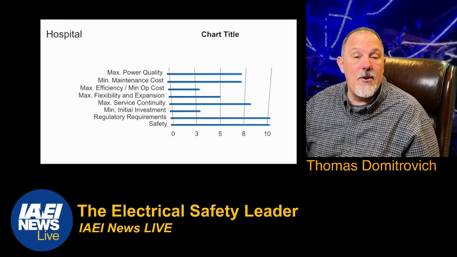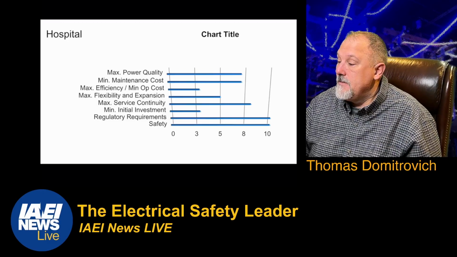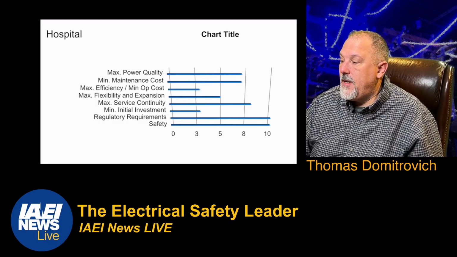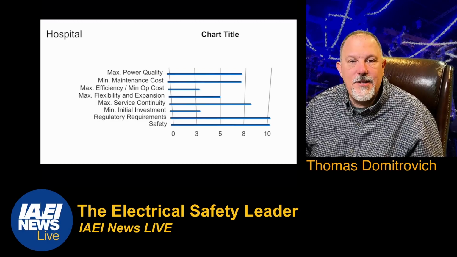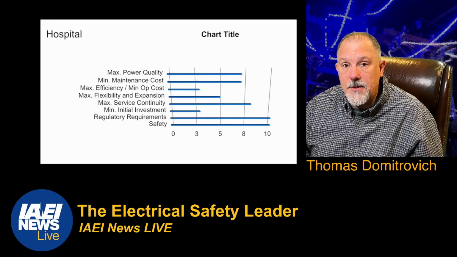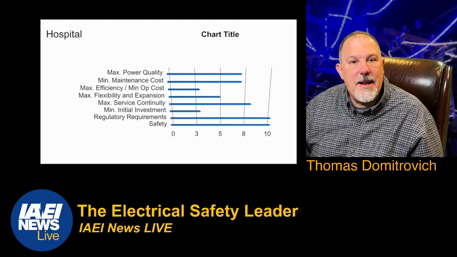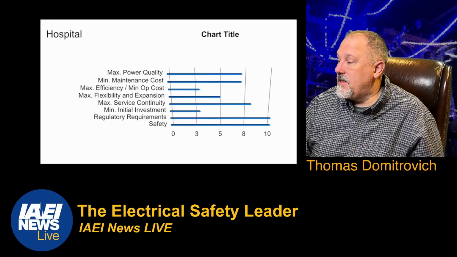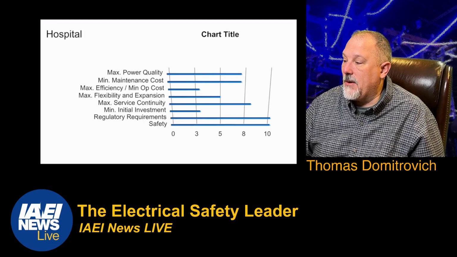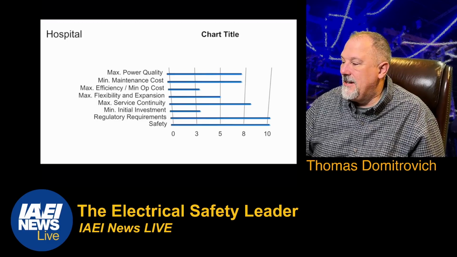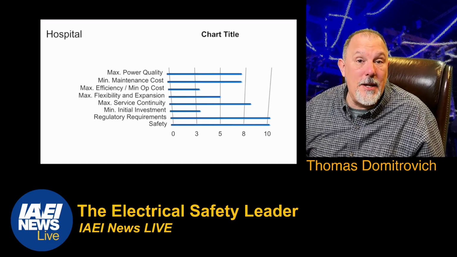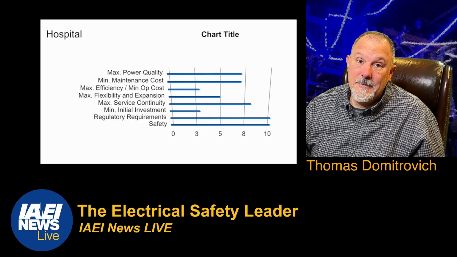There's a lot going on in a hospital. Efficiency and minimum operational costs aren't as high on their value props. It's important, but not as important as maximum power quality, minimum maintenance, and service continuity, right?